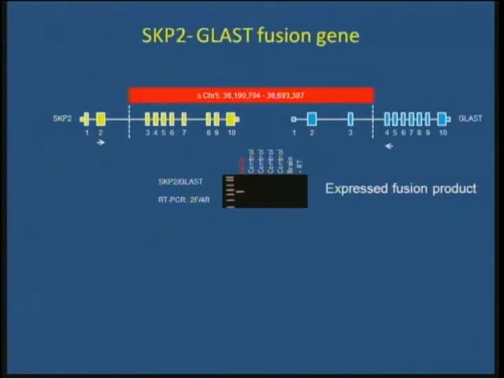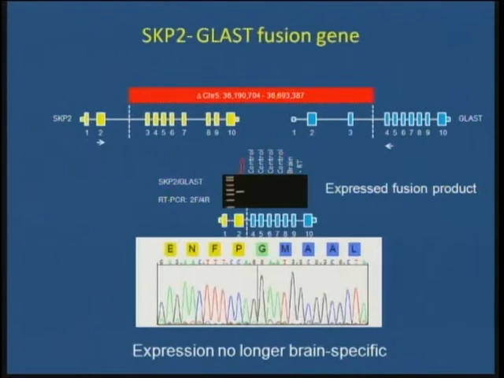So because of the genomic structure, we thought it was possible that there may be a fusion gene going from this non-deleted region to this non-deleted region. So I put an RT-PCR primer outside the deletion and amplified from exon 2 to exon 4 and got a product in the patient with a deletion that wasn't expressed in the controls or the brain RNA. I went ahead and sequenced that junction breakpoint and showed that it is in fact a fusion gene, with the first 2 exons of SCIP2 fused to exons 4 through 10 of the transporter.